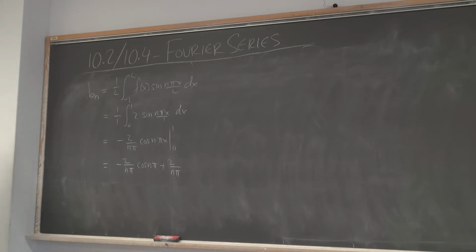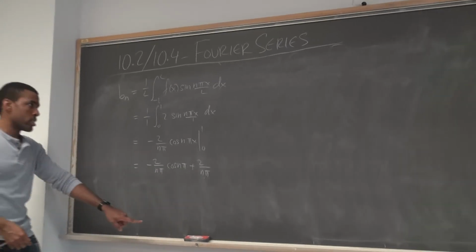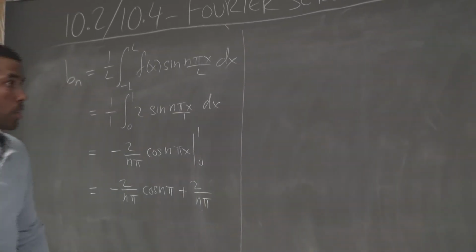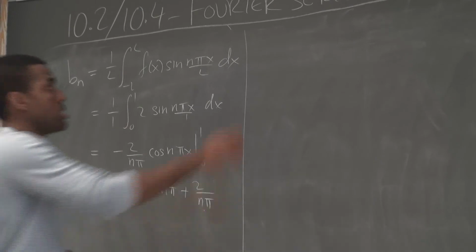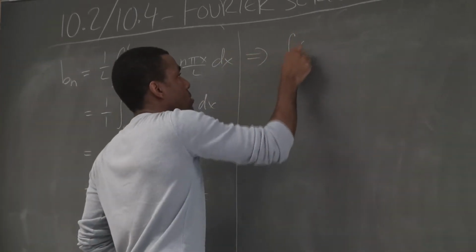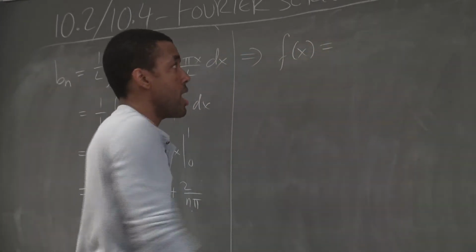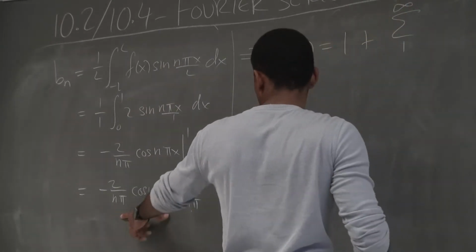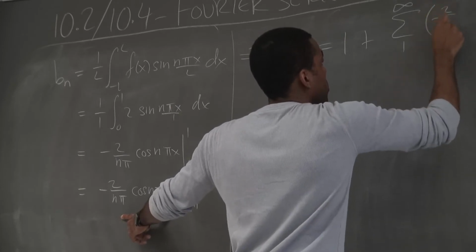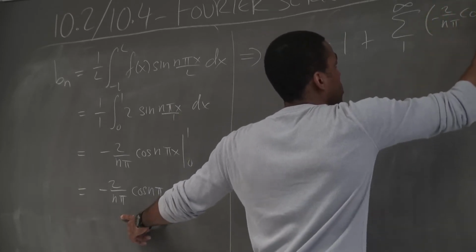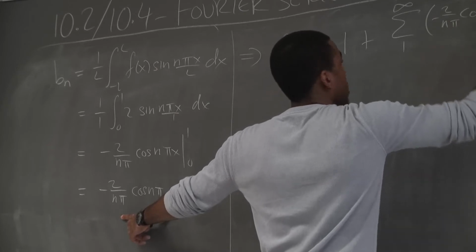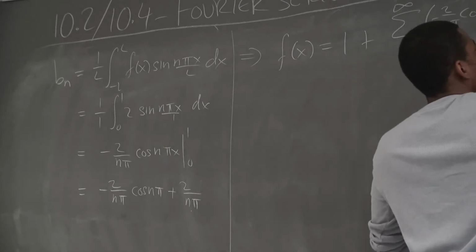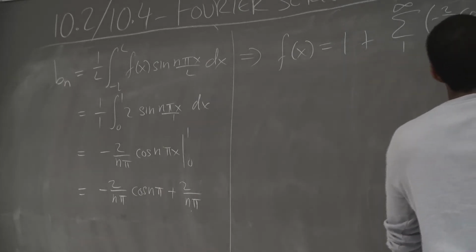We can write this in a nicer form, but let's not do it for now. I'll probably do it afterwards. So yeah, that's your bn. This means this f of x that you just gave me, I can write as 1 plus the sum from 1 to infinity of bn, which is minus 2 over n pi cosine n pi plus 2 over n pi, times sine n pi x.